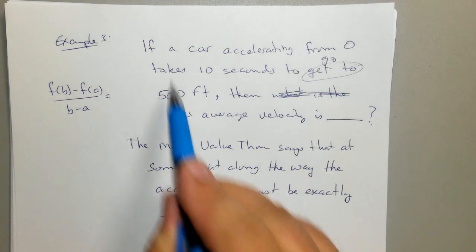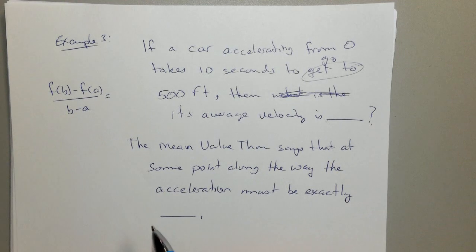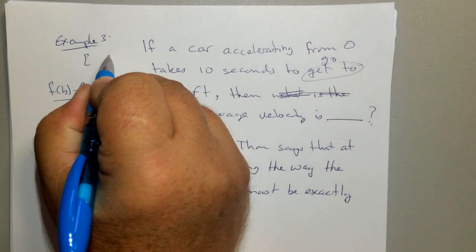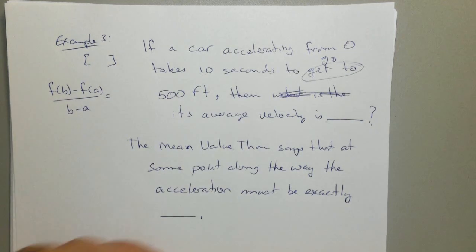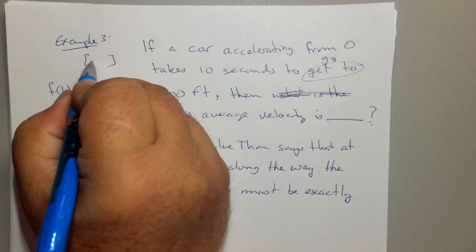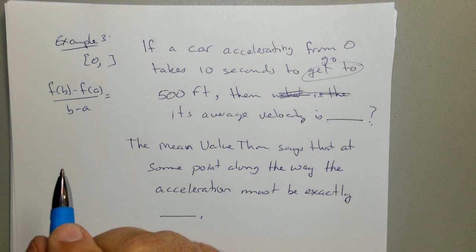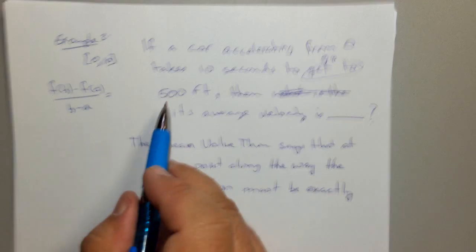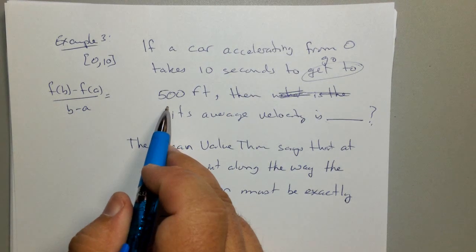Now, from this information, what can we plug in there? What are our A and B? What's A? 0. What's B? 10. Why is it 0 and 10? Why not 500? That's how long it takes.